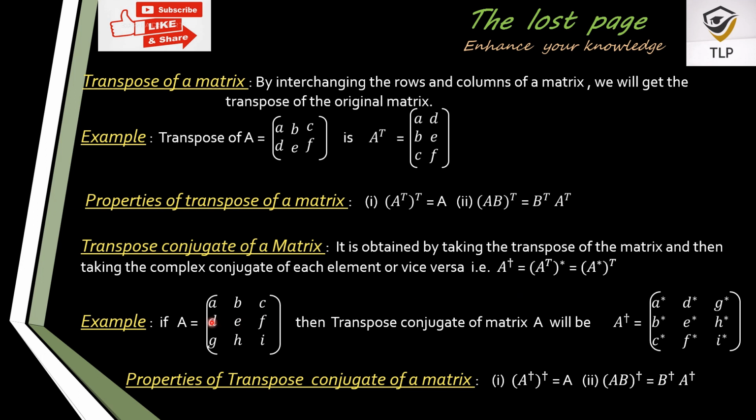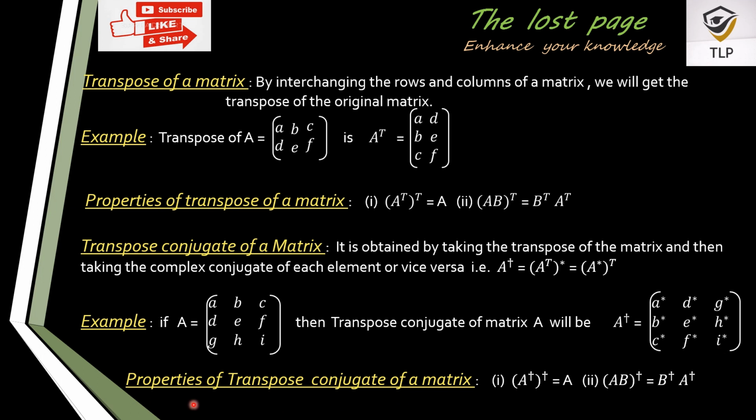For example, if A equal to A, B, C, D, E, F, G, H, I, then the transpose conjugate of matrix A will be A dagger equal to A star, D star, G star, B star, E star, H star, C star, F star, I star.